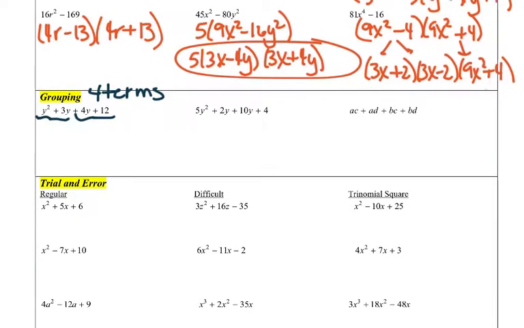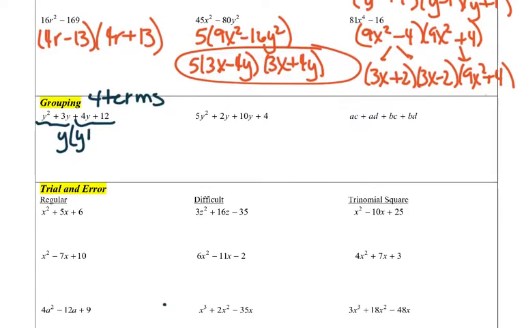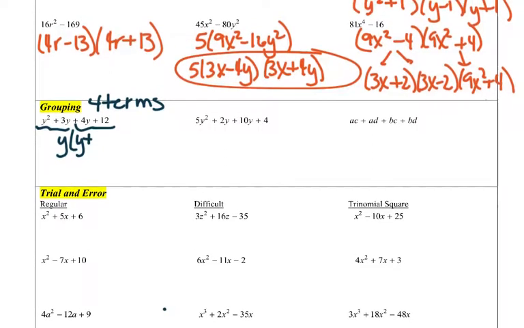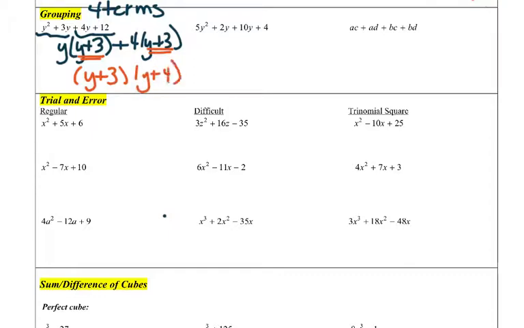So the common factor in the first group is y, left with y plus 3, plus the common factor in the next group, which is a 4, 4 times y plus 3. Now we can pull out the common factor group of y plus 3, and we're left with y plus 4. So the common factor group gets pulled out.